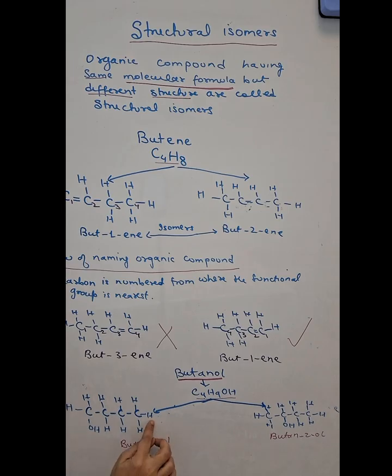So suppose if I attach OH here, this carbon will become 1, so we can't name it butan-4-ol. And if I attach OH here, it will become the second carbon, because from here OH is nearest. So it will again become butan-2-ol, not butan-3-ol.